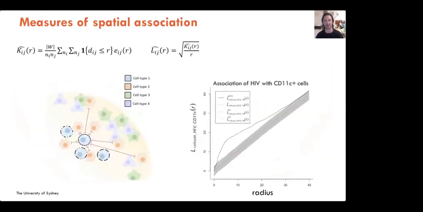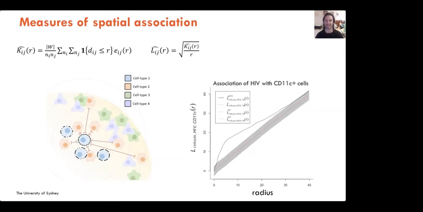I believe you may have already seen the K function in this session. However, just to revise, the K-cross and L-cross functions are one class of summary statistic that allow us to quantify if two cell types appear to be spatially attracted or repulsed from each other.